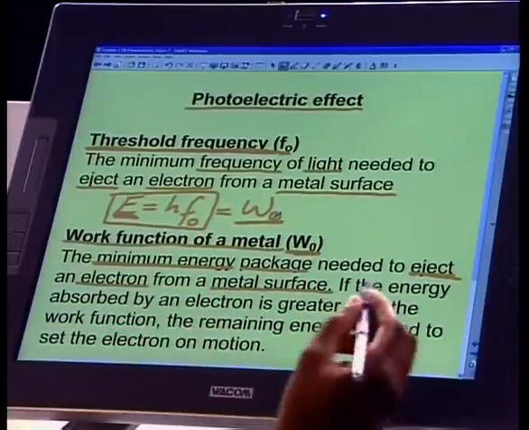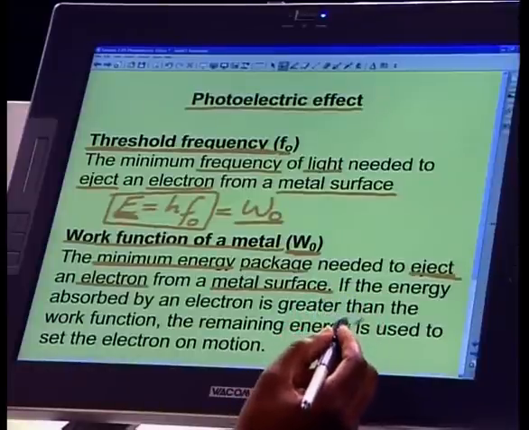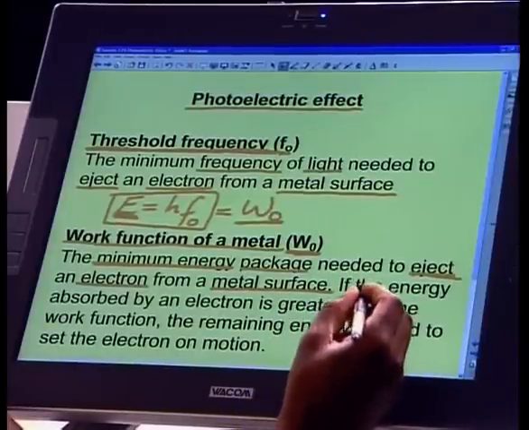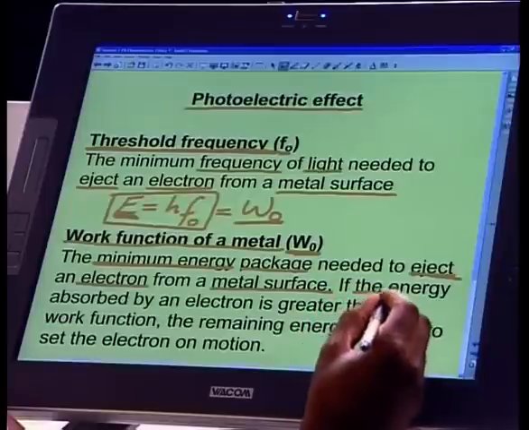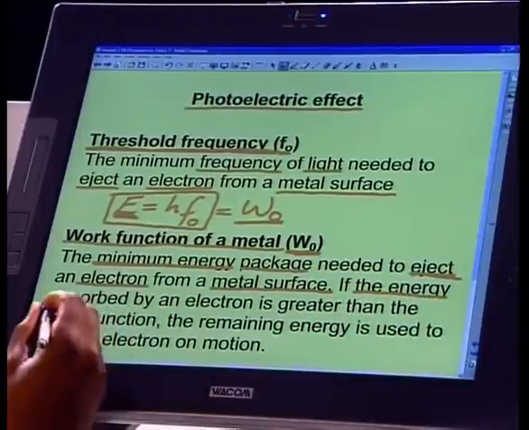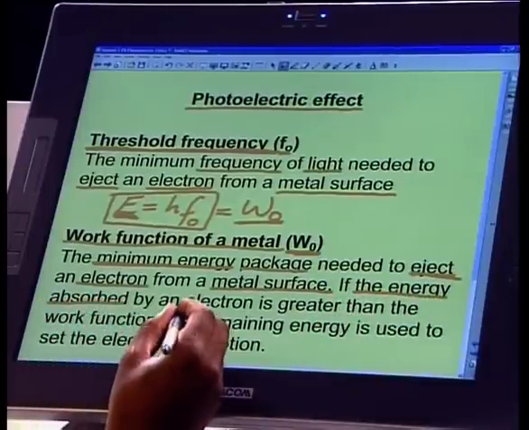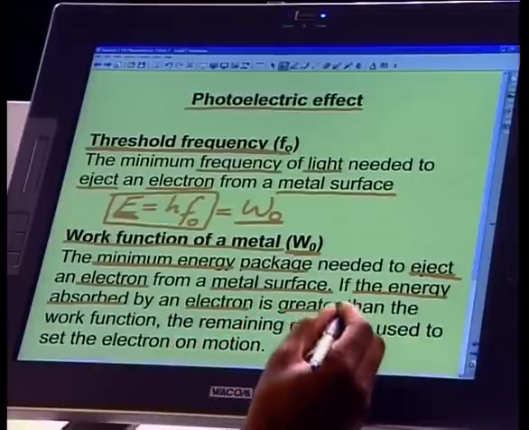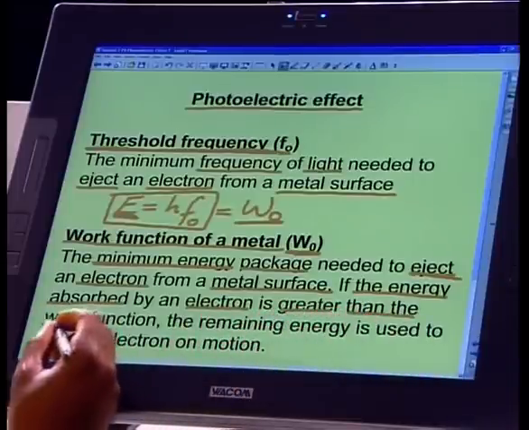Right. Now let's come to the second part of this statement. It says here, if the energy absorbed by an electron is greater than that of the work function.